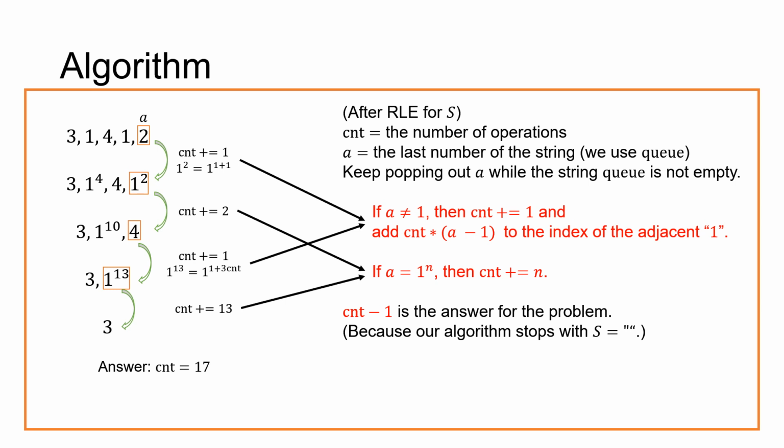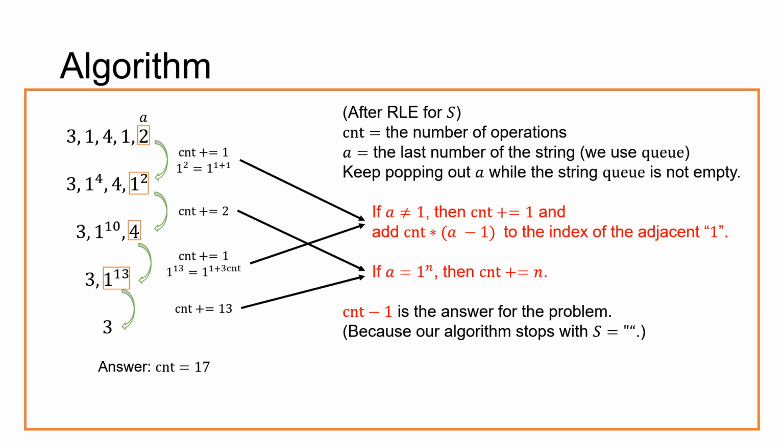Then we determine the index of the adjacent one. This index is calculated as the original index of 1 plus the number of operations multiplied by a-1. Consequently, we add count times a-1 to it.